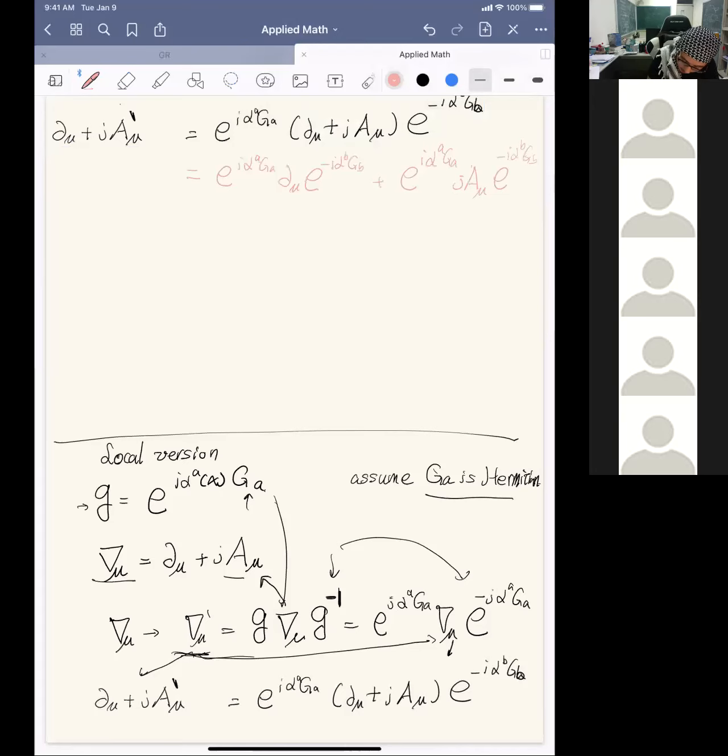So first, this part should be trivial, because the only thing that has x dependence is here. So this term is just equal to minus i partial mu acting on alpha^B of x times G_B.